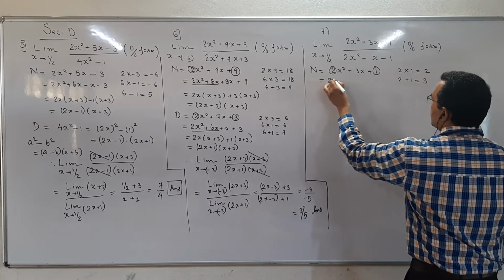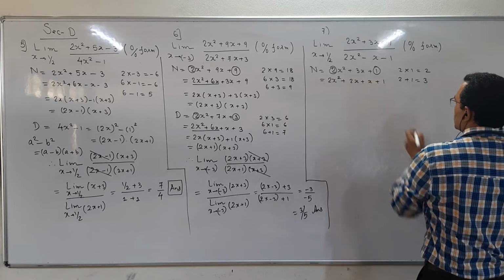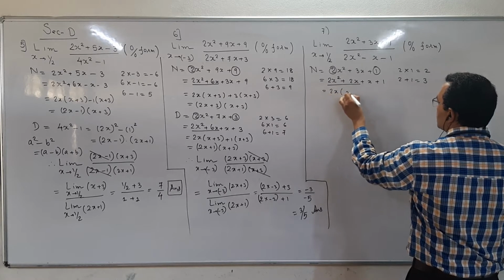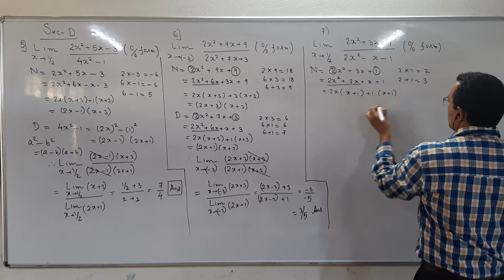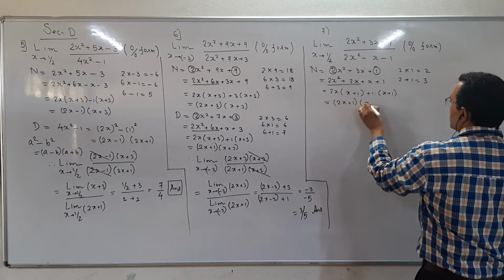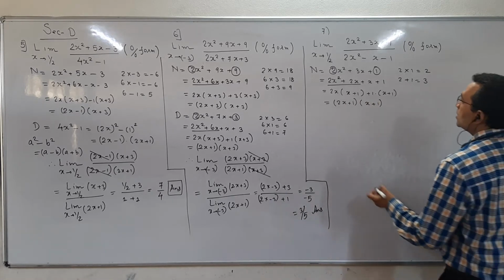So this is written as 2x² + 2x + x + 1. What is common from the first two terms? 2x. So 2x(x + 1) plus, nothing is common, so 1. So the factors are (2x + 1) and (x + 1).